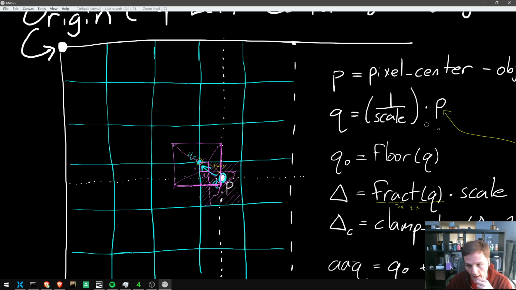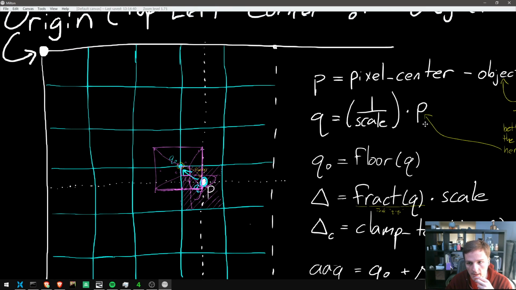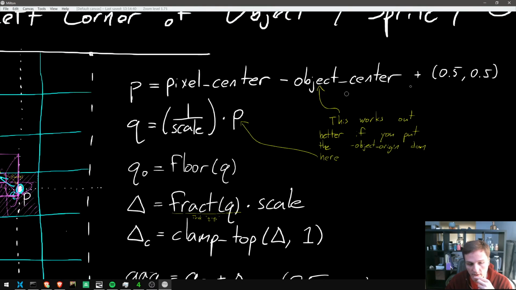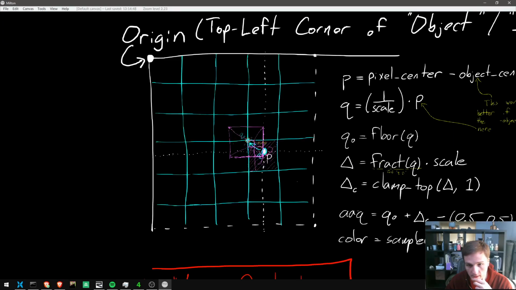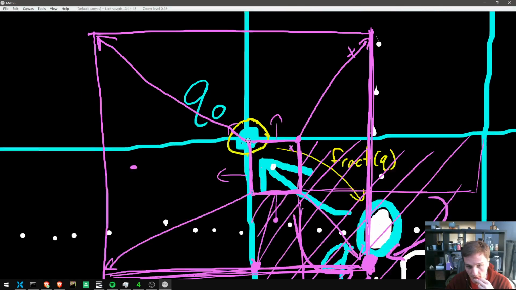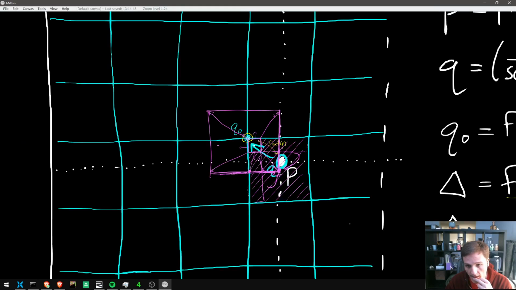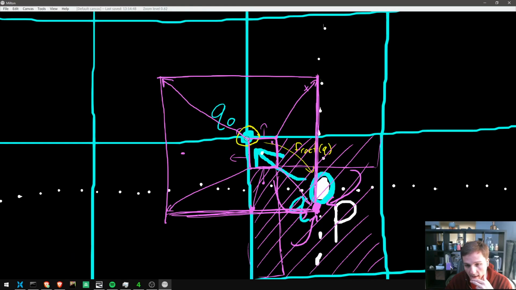It would obviously have a 0.5 and a 0.5 in P. But then if you didn't shift it first to get a bottom right, and you just took a pixel center, and then you put it into Q, into the space of the texel, you'd get these integer coordinates here. And you'd have to know that that means you are dead center between them. And the box would become this part here. Right? You'd want to map everything in this box to everything in this box. And clamp on all these sides.